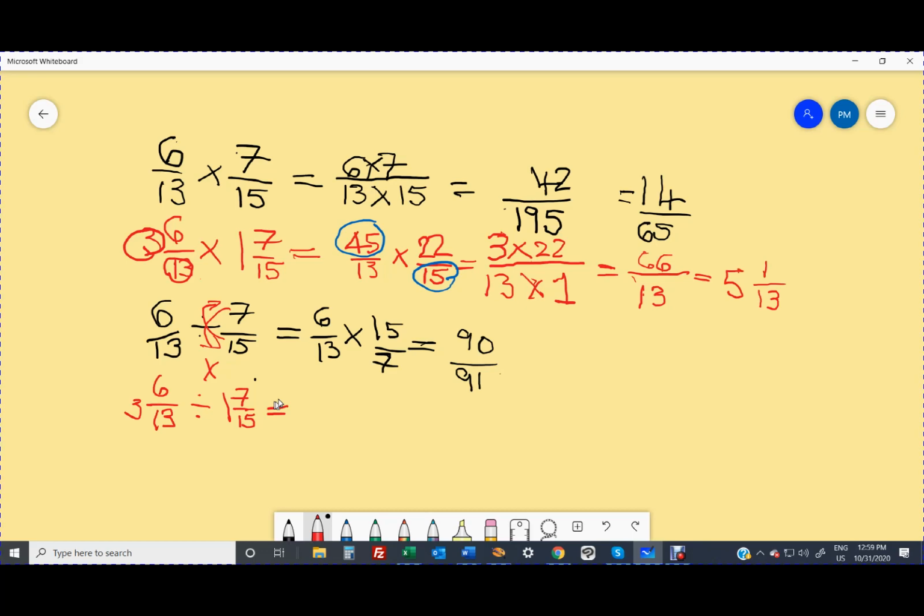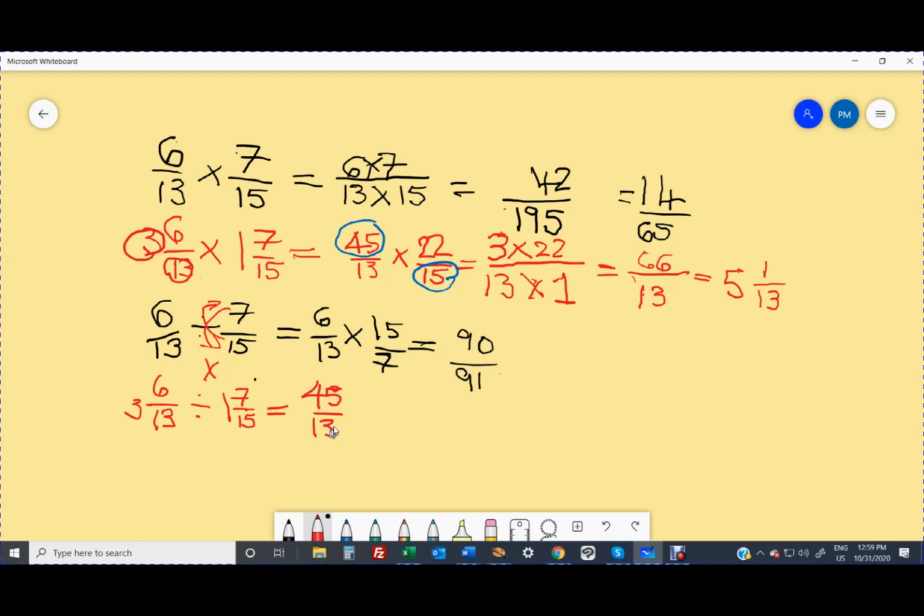What we do, we bring it into something we understand. So 3 and 6/13 is 45/13. We calculated it in the previous bit. So it's 45/13. Nothing difficult there.